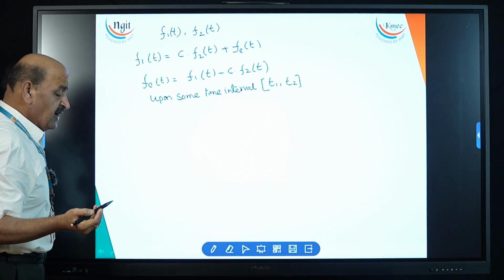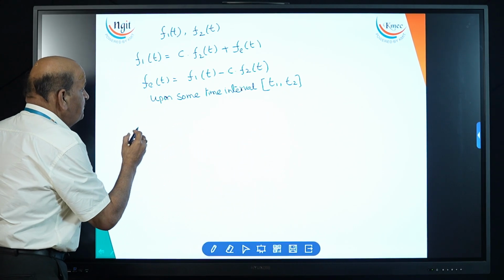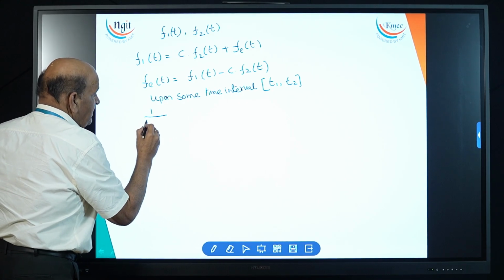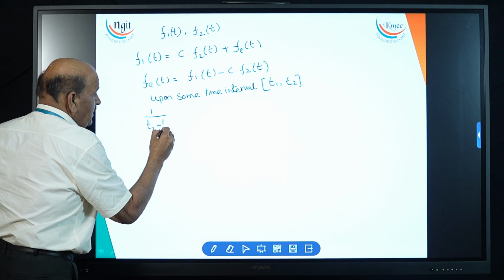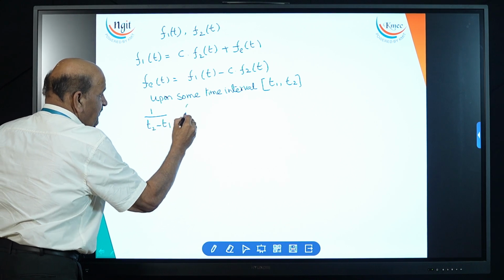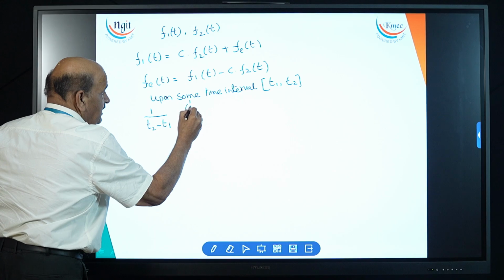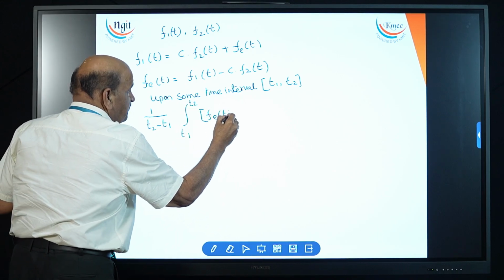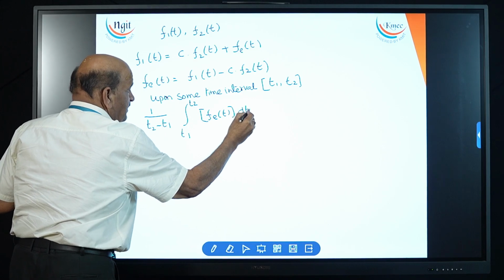Signal means signal should contain time interval. Now, how to get this error? An average value equal to 1 by t2 minus t1 into integral t1 to t2 of the error with respect to dt.